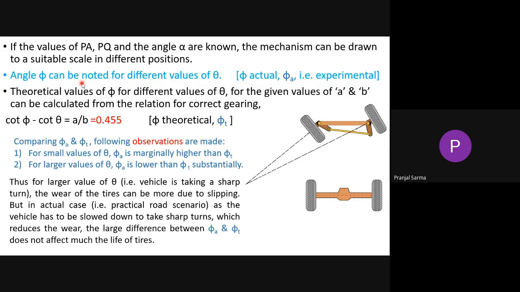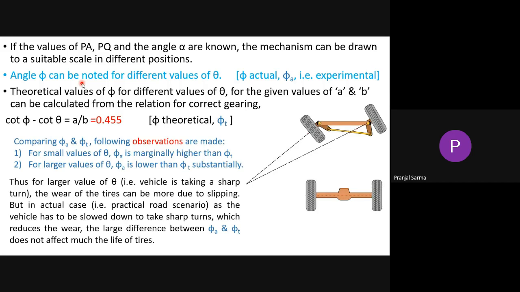By doing some experiment, if I rotate by this much amount, we can note down the angular deflection, the value of phi, for various theta values. If I give this much angular movement, what is the outer angle? These theoretical values of phi for different values of theta can also be obtained if we know the a and b values.